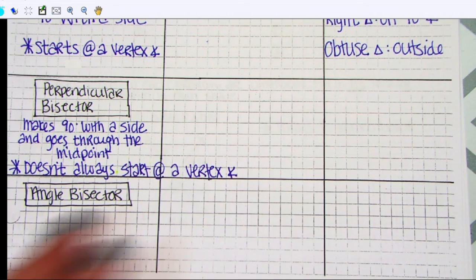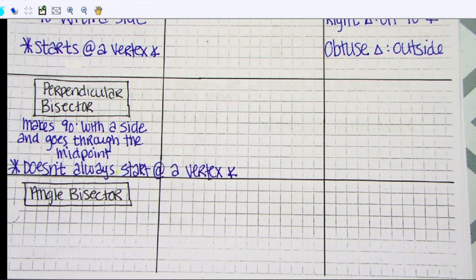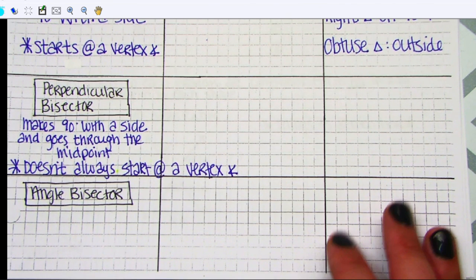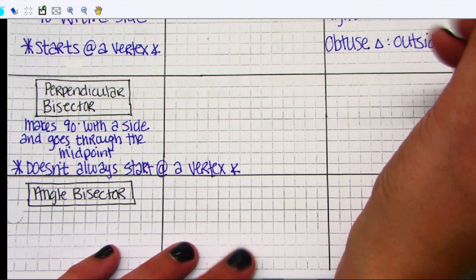It can on one type of triangle, but it doesn't always have to, because its main goal is to make 90 degrees with the side and cut that side in half. So it doesn't have to start at a vertex angle. What is the point of intersection called? The point of concurrency. Perpendicular bisector: circumcenter.